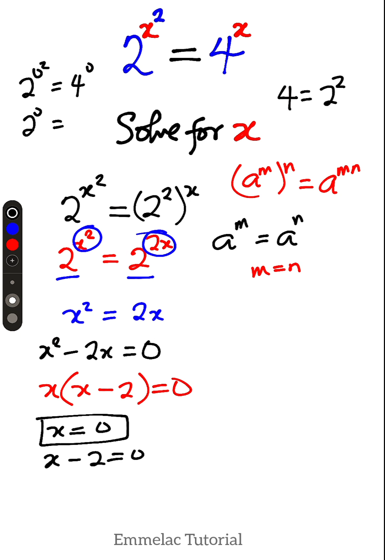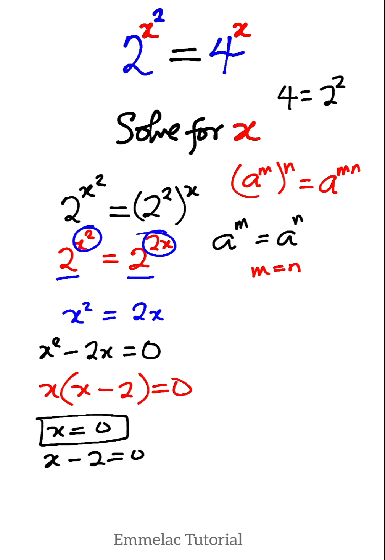We then have 1 equals 4 raised to 0, which is 1. So x equals 0 is a solution.